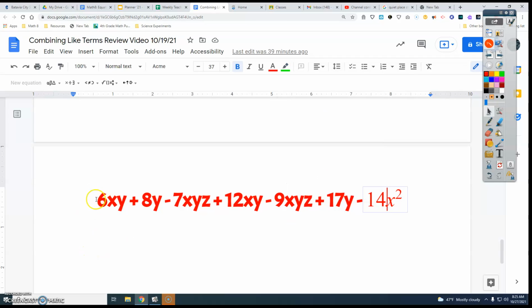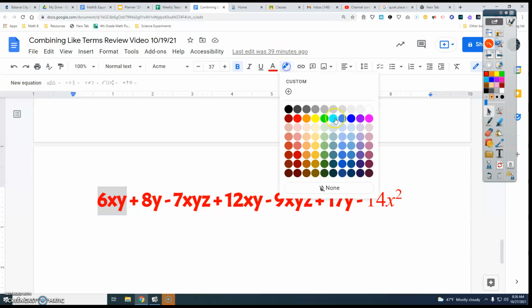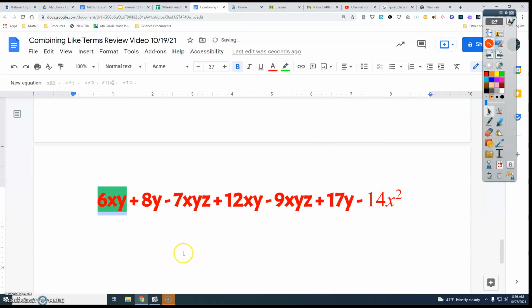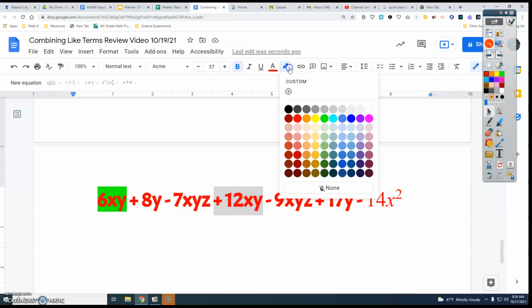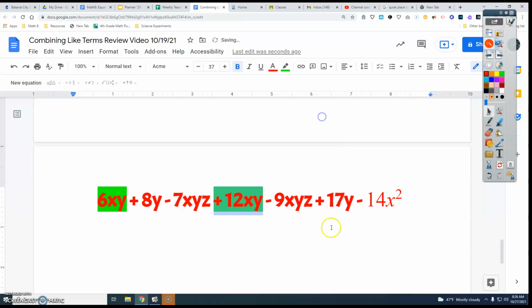So if I look at 6xy, do I have another 6xy? I should. If I don't, it's okay. So we'll do green. 6xy, yes, I see another 6xy. So we have a positive 6xy. So those are together. And do we have any more xy's? We do not. So we have 2. So how would we combine those?